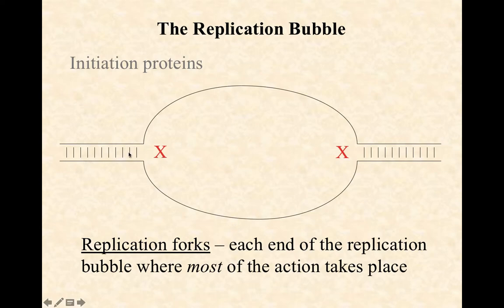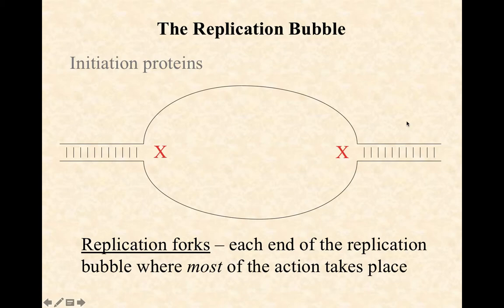Let's see if I can get a pointer here. This is double-stranded DNA, and all of a sudden each strand is physically separated from the other because of the initiation proteins here and here. This is where most of the action is going to take place in DNA replication. And we're going to see that the fork is going to move away from its current position. This one here will move to the left, this one here will move to the right.